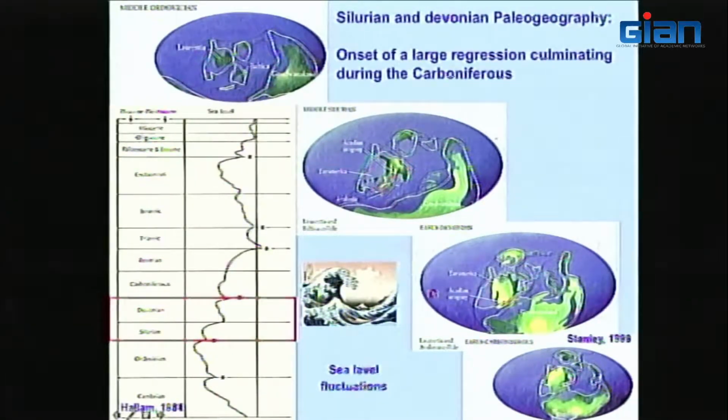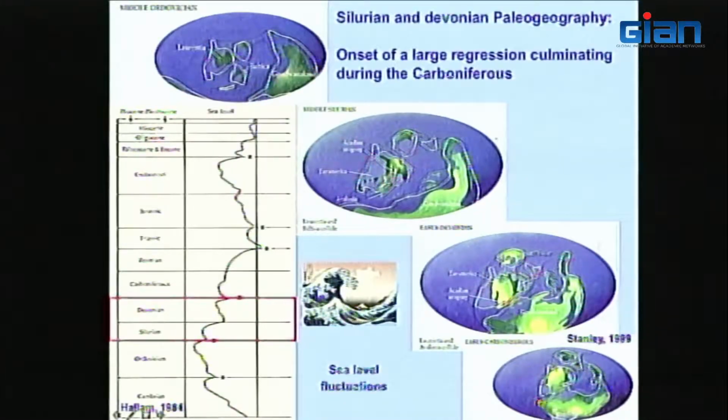During the Silurian and the early Devonian, there is some kind of collision here. But the main tendency is a huge regression leading to the formation of a huge, big continent, Pangaea. And this Pangaea will last during all the Permian and Triassic.